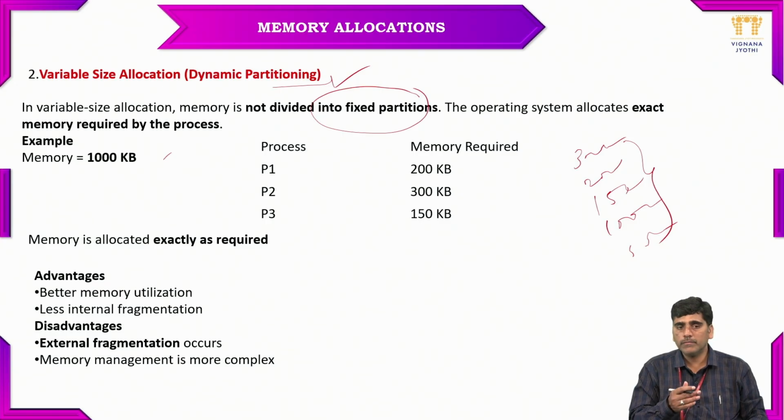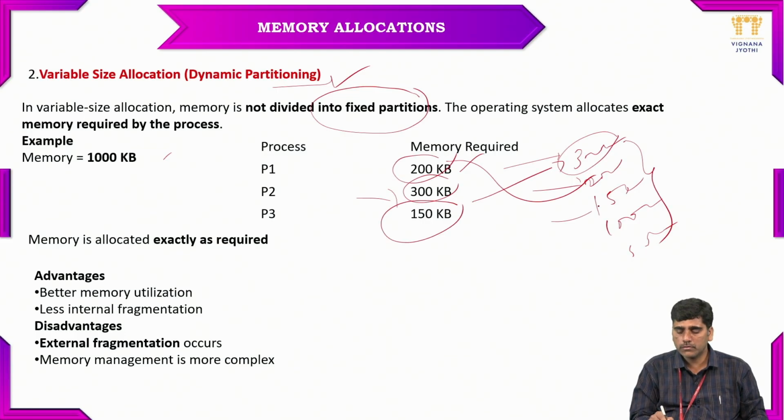The only thing you have to consider is how many processes you want to allocate resources to. If a process comes requiring 200 KB of memory, and a block of 300 KB is available, it is easily accommodated. Similarly for P2, if a 300 KB block is available, it is easily allocated. So 300 KB is allocated, 200 KB is allocated, and 150 KB is also allocated.